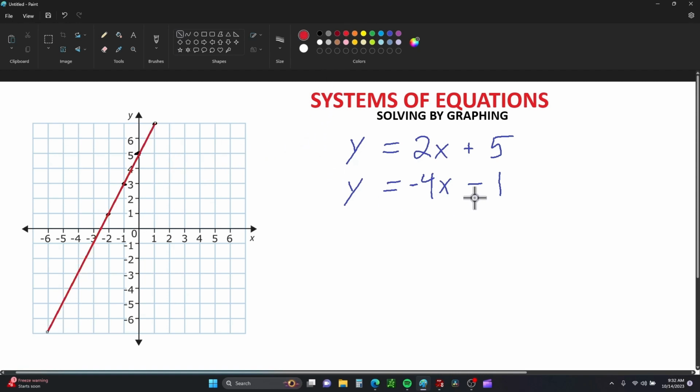Now for the second one, the y-intercept is -1, so put a dot there. And this slope is down 4/1. And then when I draw these two lines, I'll draw it first and then I'll move it.